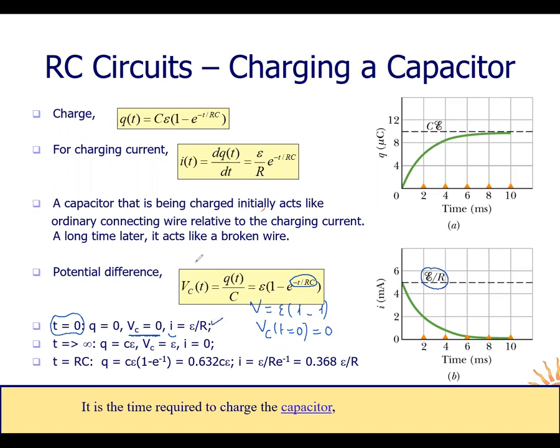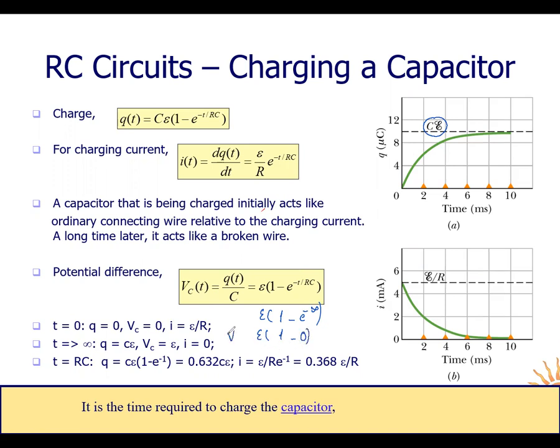At T infinity, we calculated the Q, which is equal to C times E. And at T infinity, here we have E times 1 minus exponential minus infinity, which is equal to 1 minus 0.